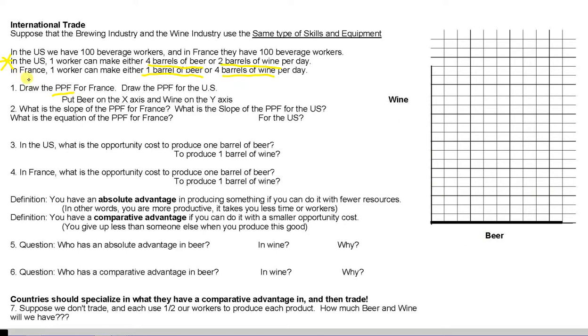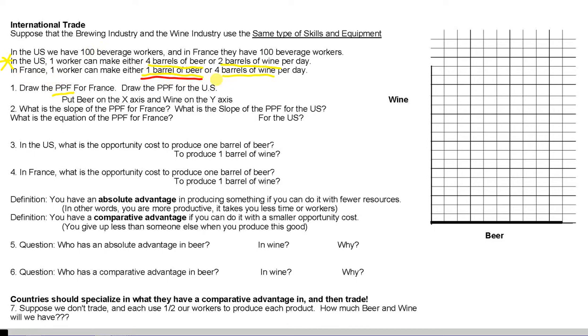So let's look at France. They have 100 workers, and let's suppose, to start off with, that all workers make beer in France. Well, if all 100 workers make 1 barrel of beer each, we'll have 100 barrels of beer.